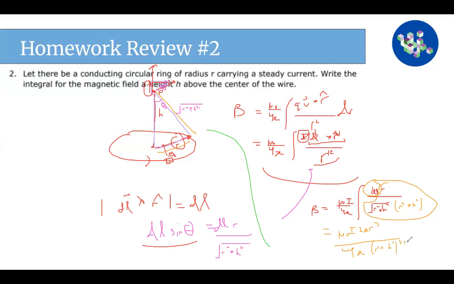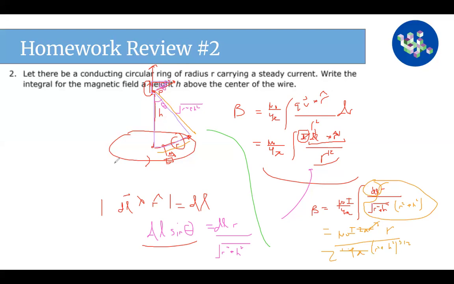And you'll find that the 2 pi and 4 pi cancel to just make a 2. So this will be your final answer: mu 0 I times r squared, sorry, there's another r here, mu 0 I times r divided by 2 r squared plus h squared to the 3/2 power.